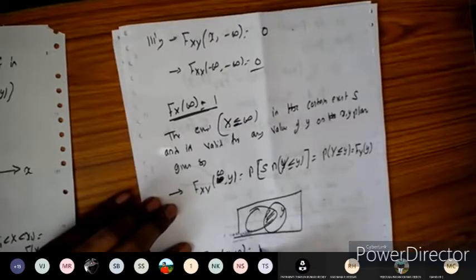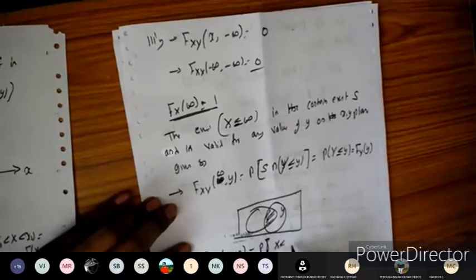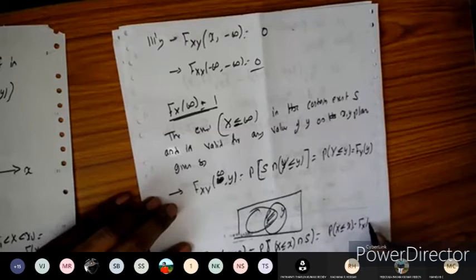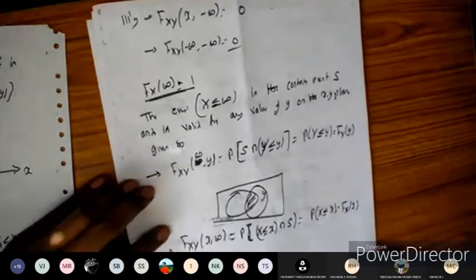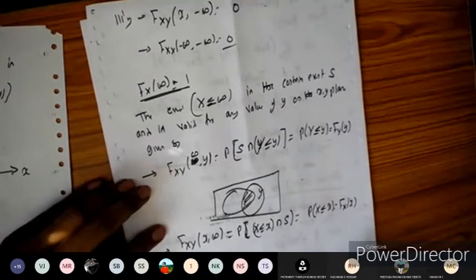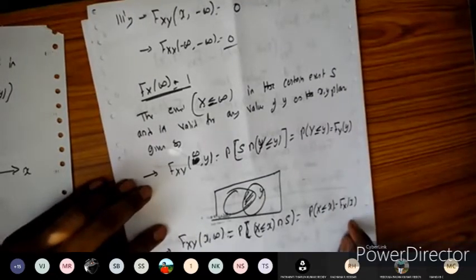That is the probability that x can take the value less than or equal to x, intersection with the sample space. So this will become equal to the probability that x takes a value less than x. So this is equal to Fx of x.